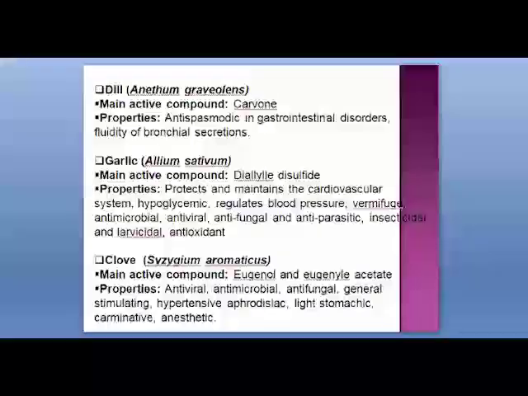So that's the list. We've got garlic, clove, and dill, and these are common plants that you use in your everyday cooking, or maybe some of you use them just to make things smell nice, and you have them in your garden.